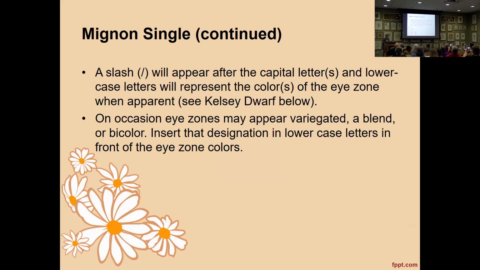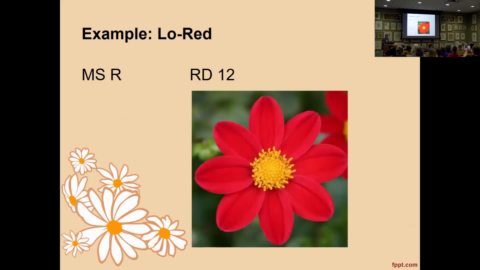A slash appears after the capital letters, and lowercase letters will represent the colors of the eye zone when apparent. On occasion, eye zones may appear variegated blends or bicolors, and you would insert that designation. Low red, mignon single red, red 12. No other colors need to be listed on here.